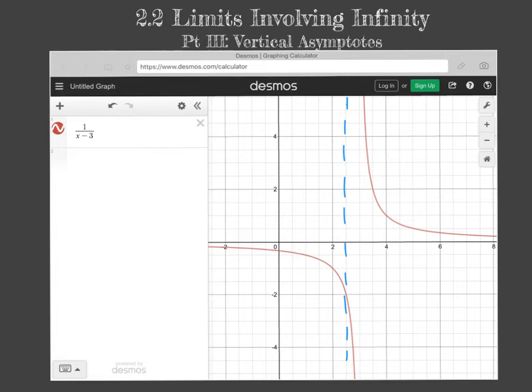And so that is the definition of a vertical asymptote. A vertical asymptote is any vertical line where the graph approaches either positive or negative infinity on either side of it.